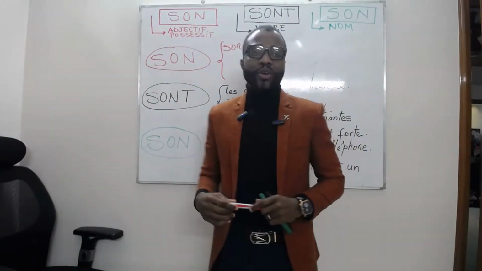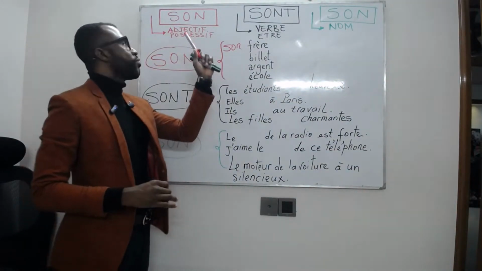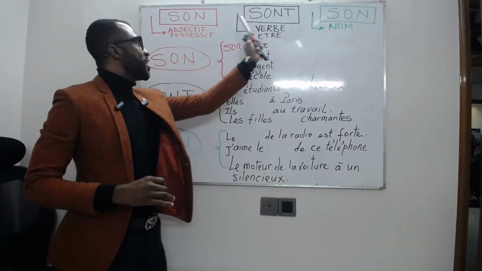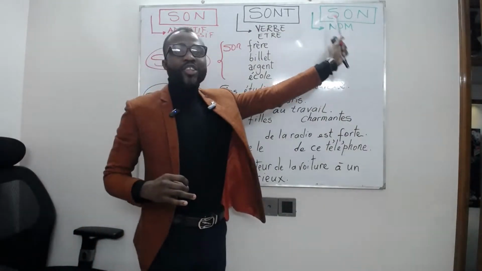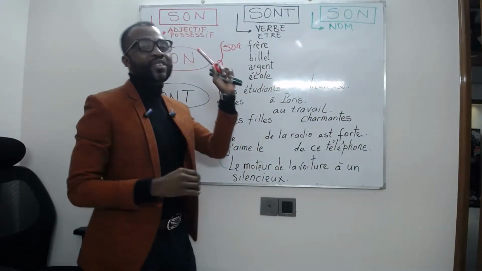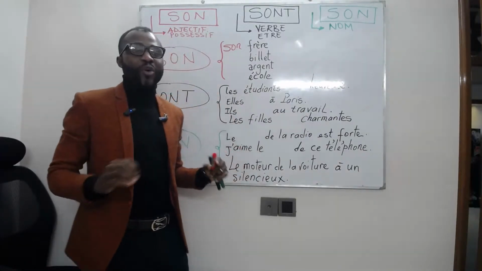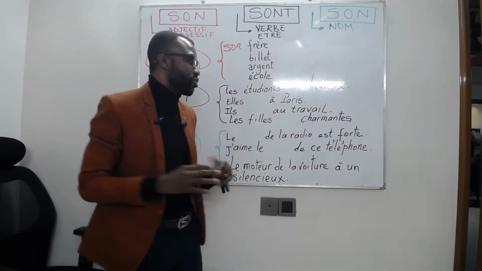As you can see on the board here, we are going to learn the use of son, son, and son. As you could hear, we have the same sound for three different words or different uses.